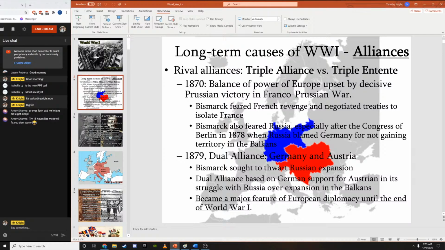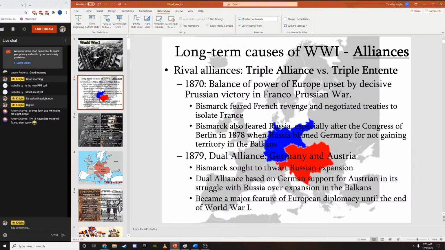Okay, Prussia was what Germany was known as before it became Germany, and that's because Germany, all the way up until 1870, which was not that long ago if we're really thinking about it in terms of history, had been kind of a fragmented system of independent principalities and territories that were not really unified.